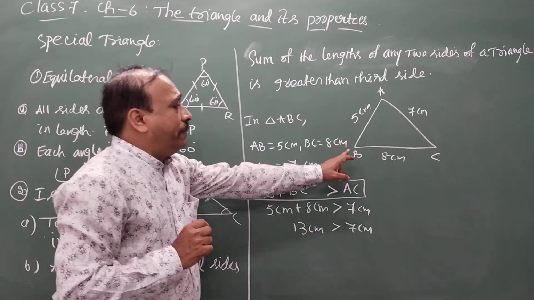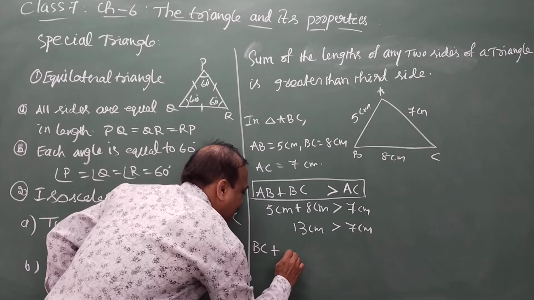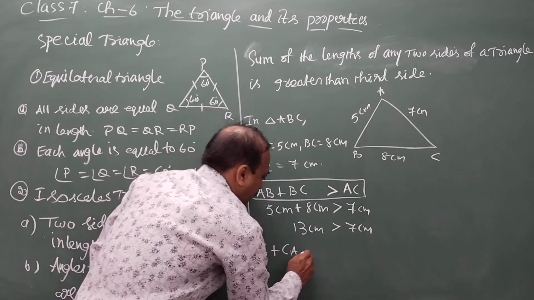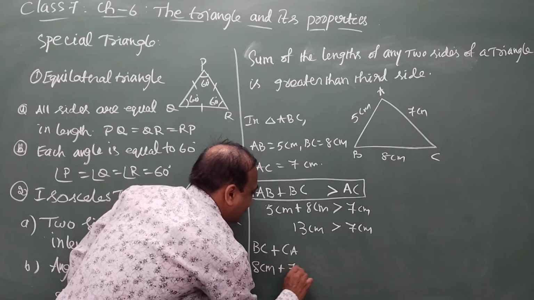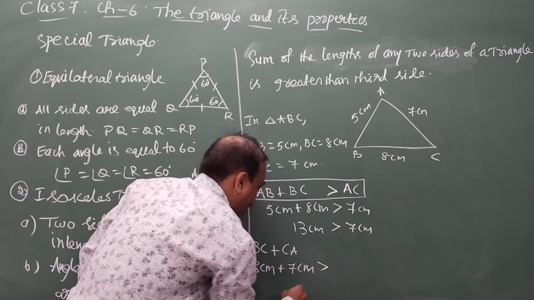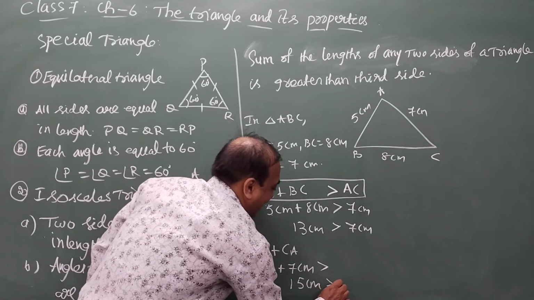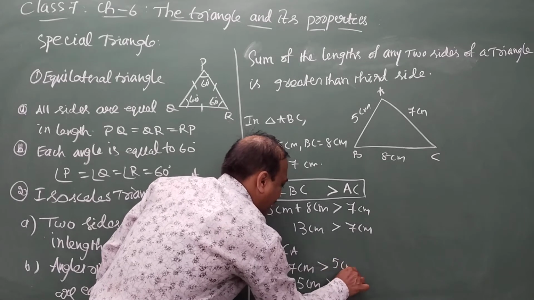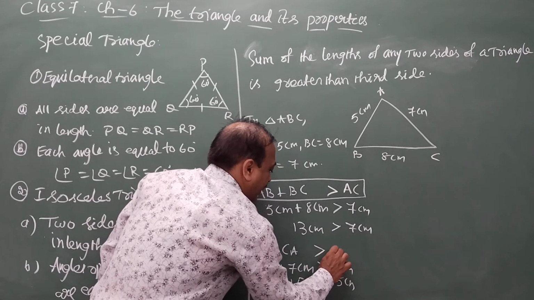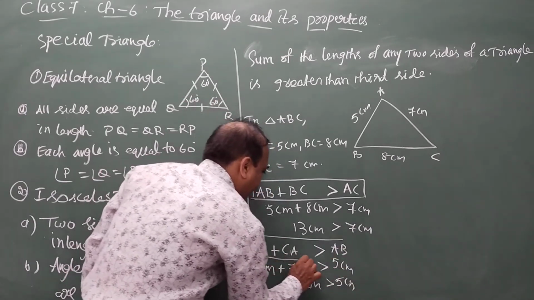Even we verify with BC and CA. BC plus CA. BC length is 8 centimeters plus CA length is 7 centimeters. 8 plus 7 is 15. 15 centimeter is greater than 5 centimeter, which is AB. Yes, it is greater.